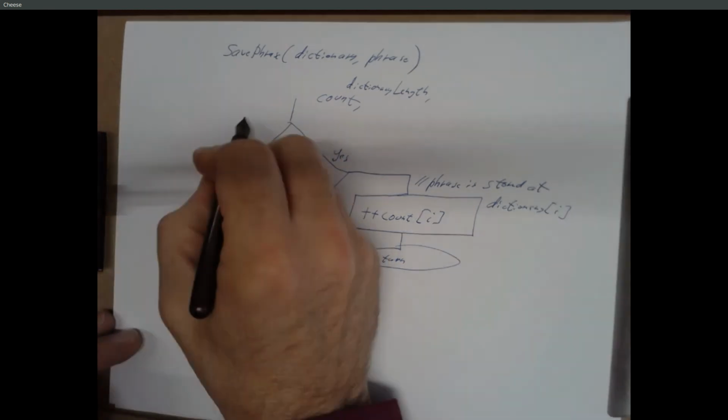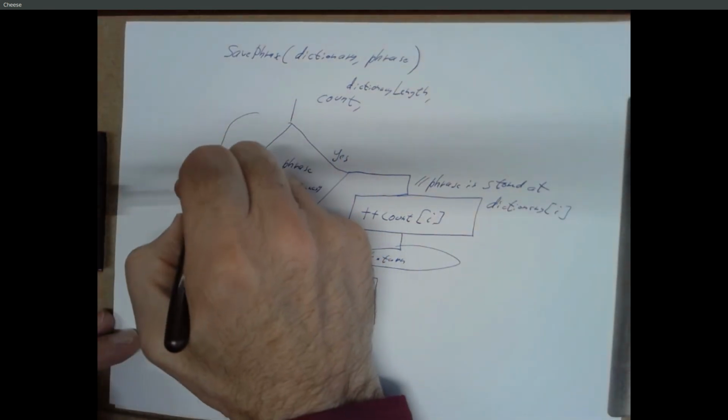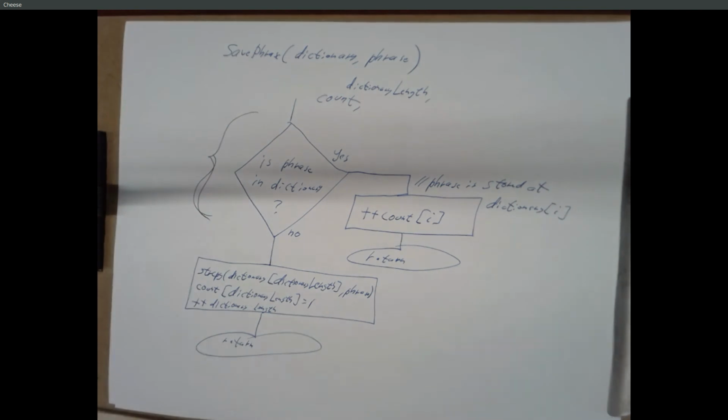And so how do we tell if the phrase is in the dictionary? So here's a dictionary, here's a phrase. What are you going to do to tell if that phrase is in there? String compare. Okay, what do we compare with? Yeah, everything in the dictionary.